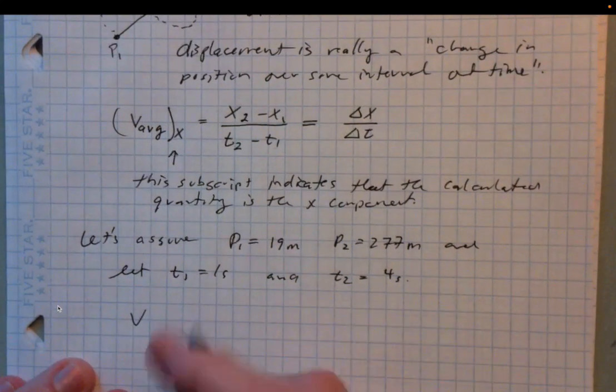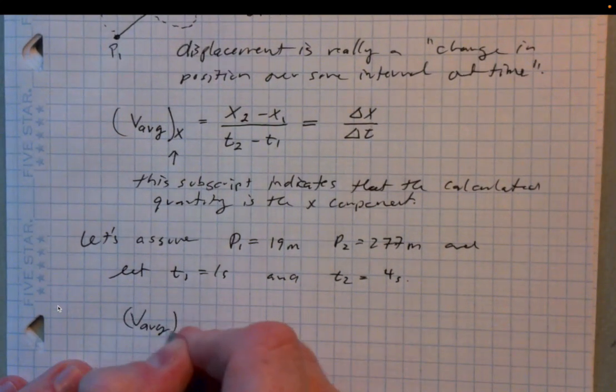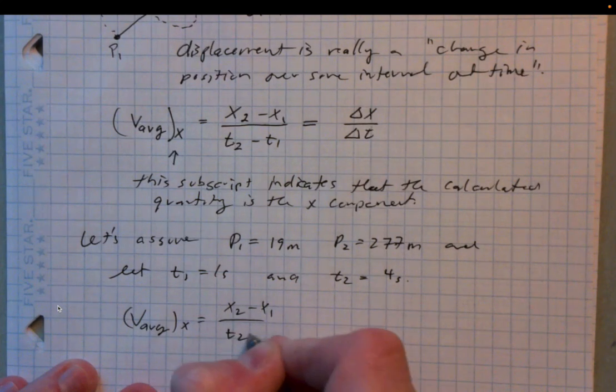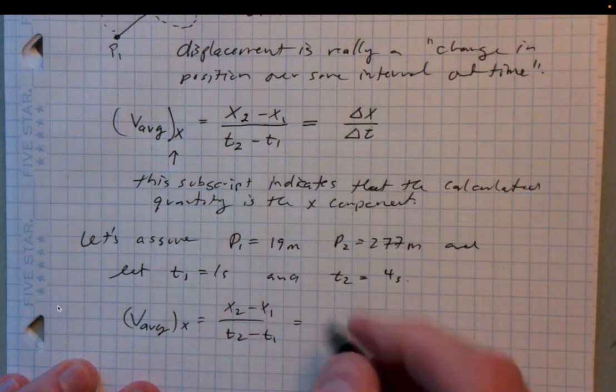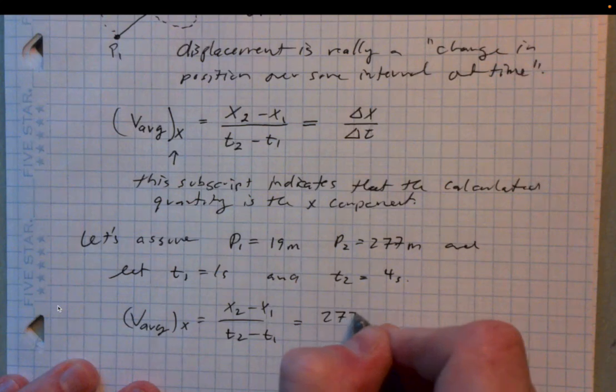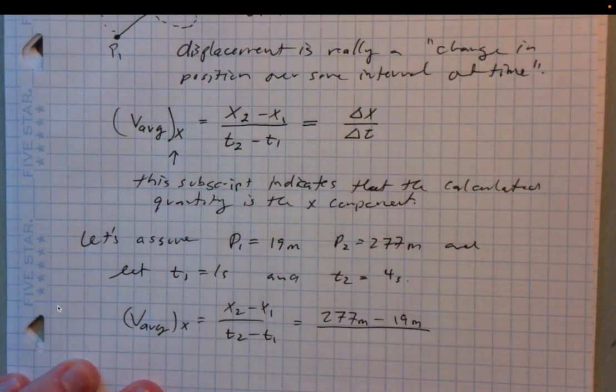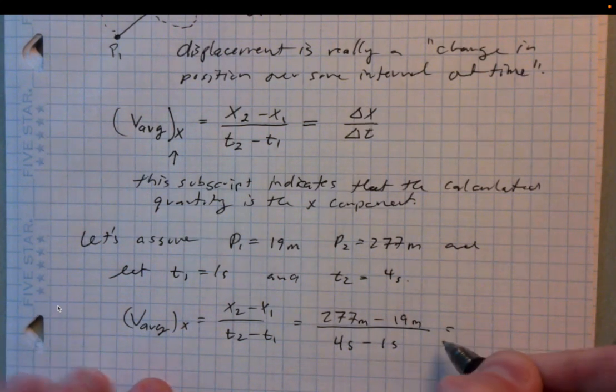Given all that, the average velocity would again be x2 minus x1 over t2 minus t1. You plug this in and get 277 meters minus 19 meters, that's the displacement, over 4 seconds minus 1 second.